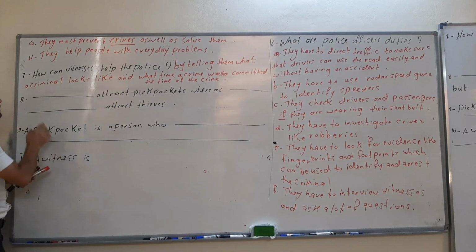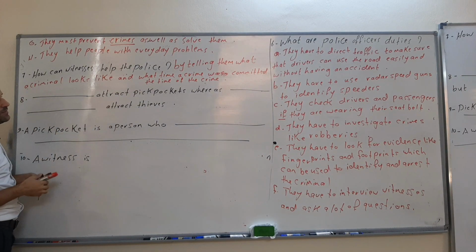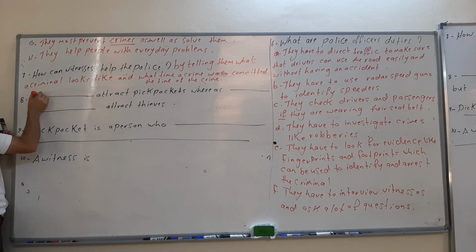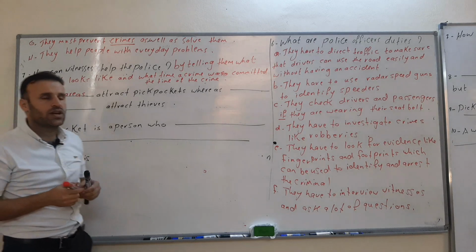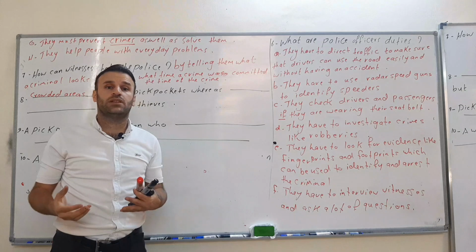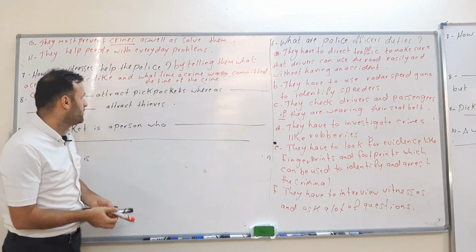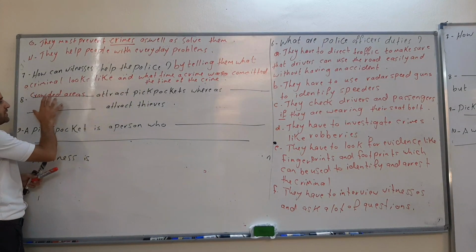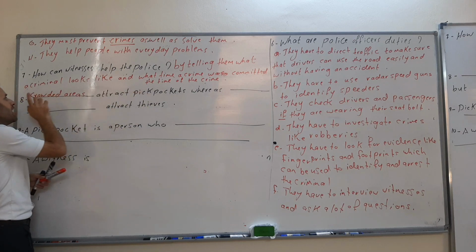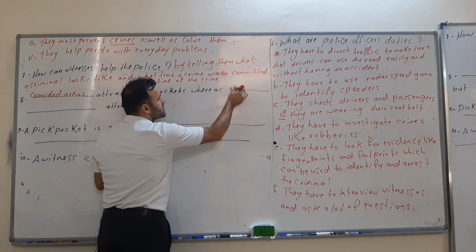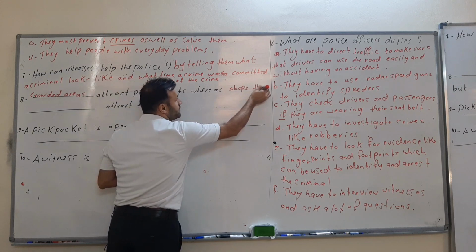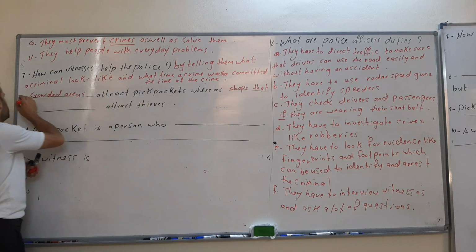Let's complete. Dash attract pickpockets. Okay, we know that the crowded areas, crowded areas meaning the places that you can see a lot of or many people gathered. So attract pickpockets. I mean crowded areas attract. Whereas shops that, this is very important. This question actually is very important.